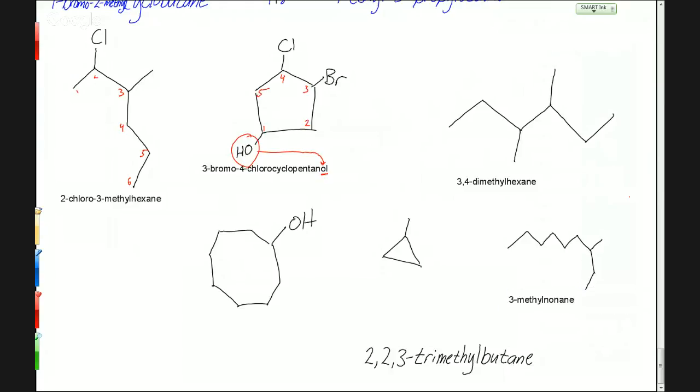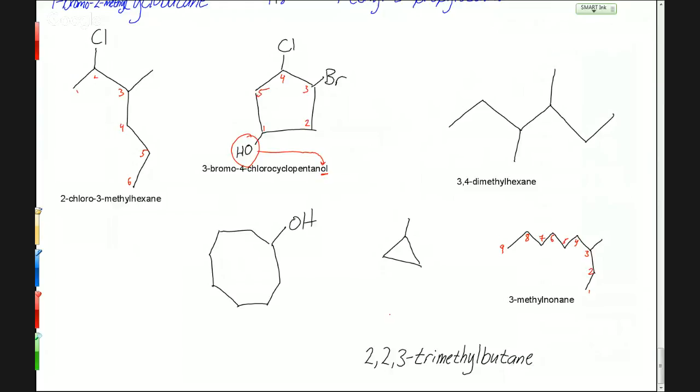So our longest chain is going to be 1, 2, 3, 4, 5, 6, 7, 8, 9. And if you start from the beginning, 1, 2, 3, then it would be 7-methyl, right? But that number is higher. We always want the lowest possible numbers for the substituents. So the 3-methyl is better than 7-methyl.